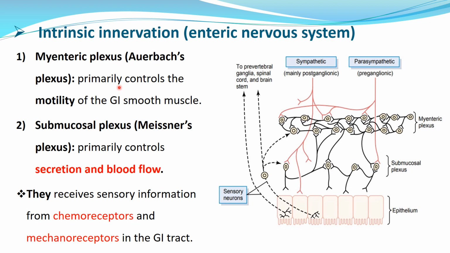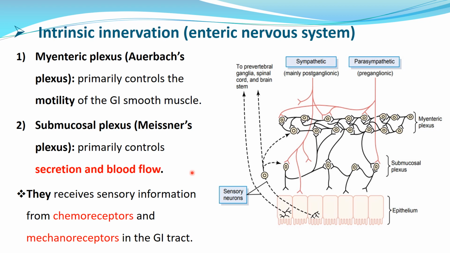So the myenteric plexus is mainly involved with the movement of the GIT tract, so it controls the motility of the GIT tract, while the submucosal plexus is involved with the control of the secretion and the blood flow.